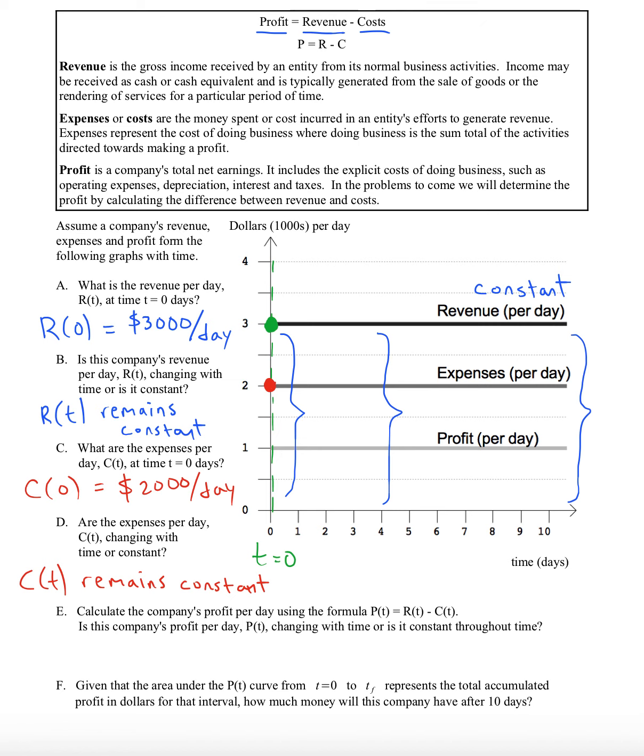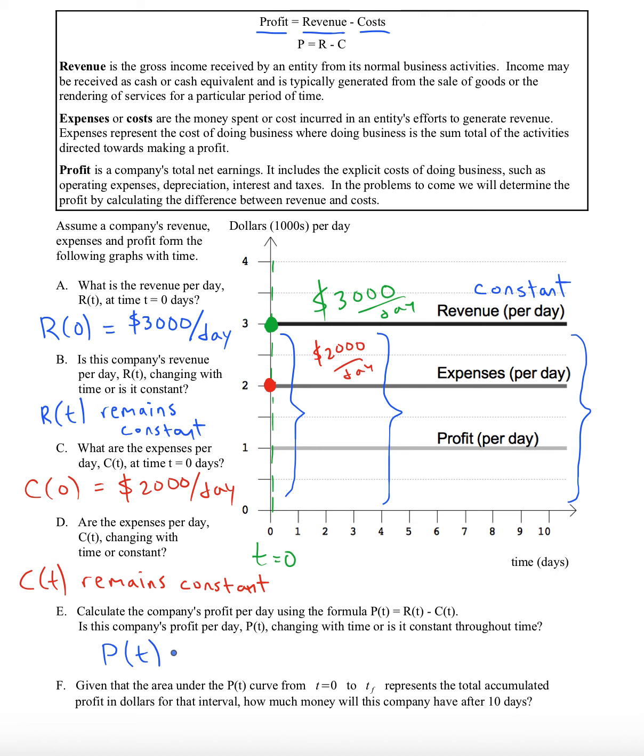All right, now we want to use the formula. The formula says that we can come up with a function for profit simply by subtracting the revenue minus the costs. So if the revenue has a formula of $3,000 per day, and the costs has a formula of $2,000 per day, then we ought to be able to subtract them to get the profit. Let's try it.